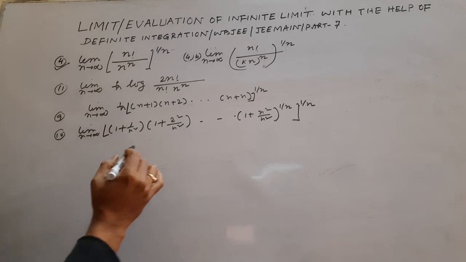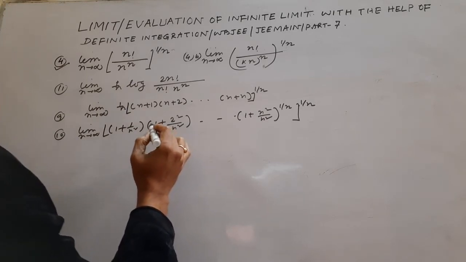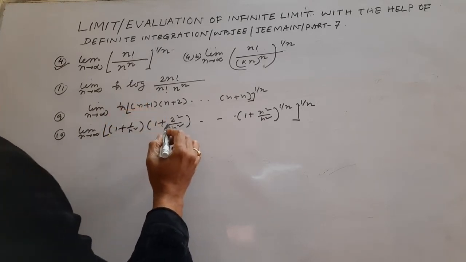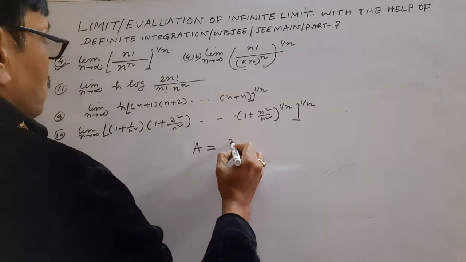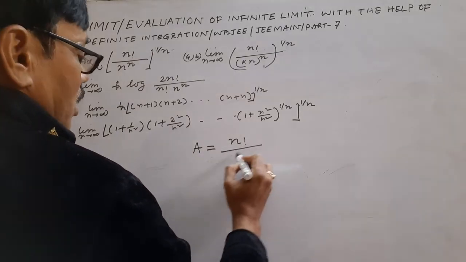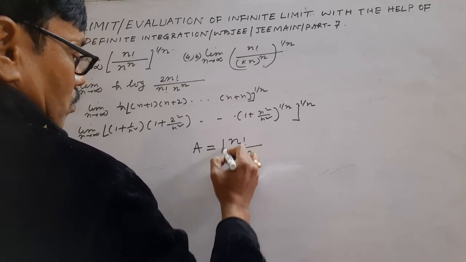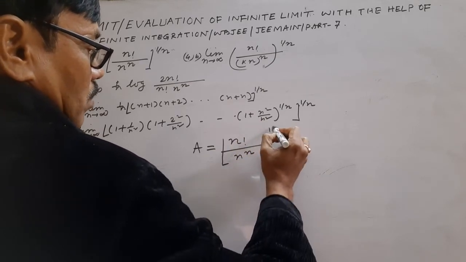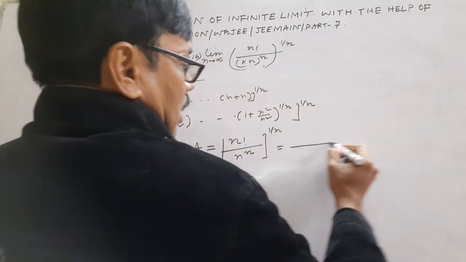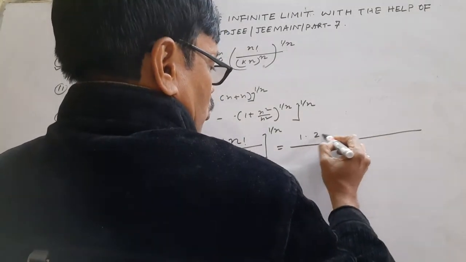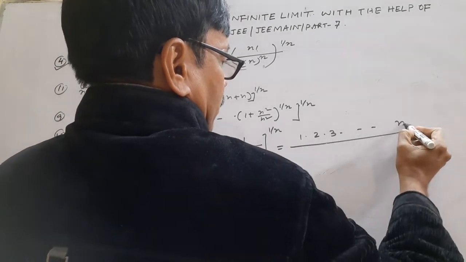So limit n tends to infinity. Write a equals factorial n by n to the power n, the whole to the power 1 by n. So factorial n is 1, 2, 3 up to n.